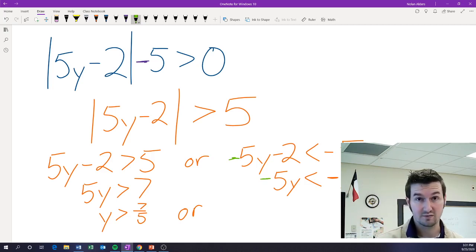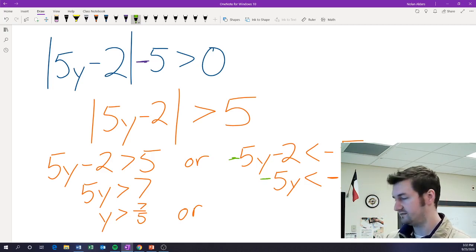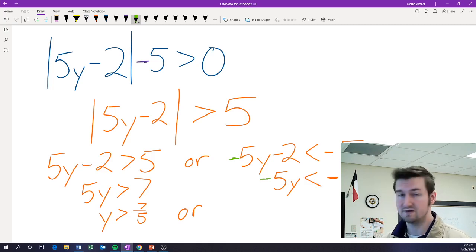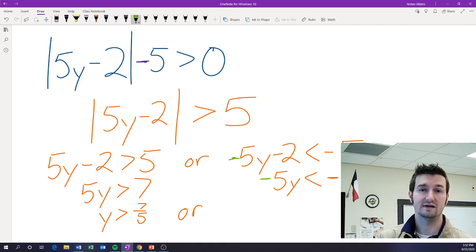So we're changing the problem a little bit. Let's say it's negative 5y equals negative 3. Anytime we divide by a negative number, in this case the negative 5, we have to flip the direction of our arrow. So we have to go from less than to greater than, or from greater than to less than.